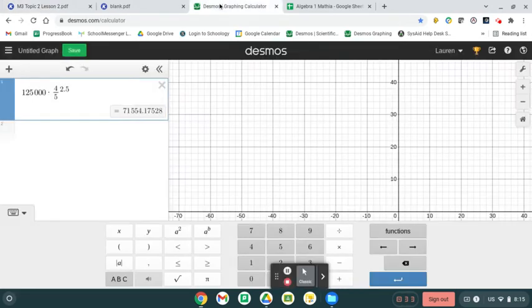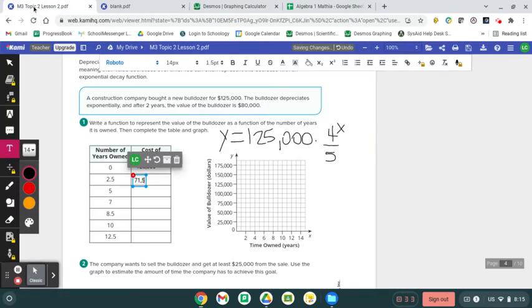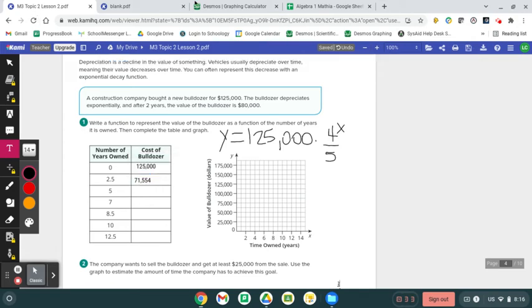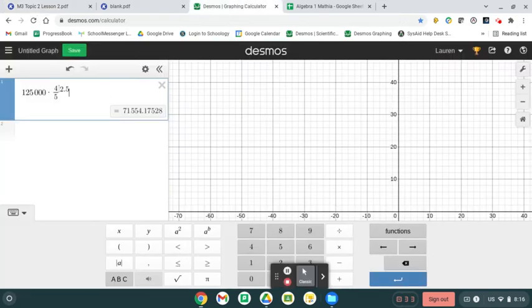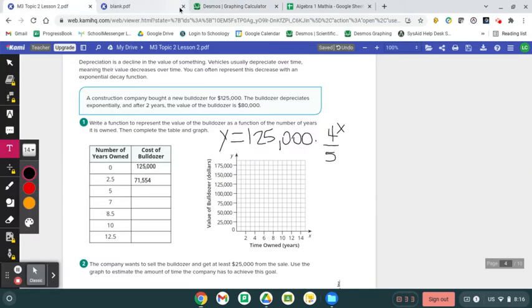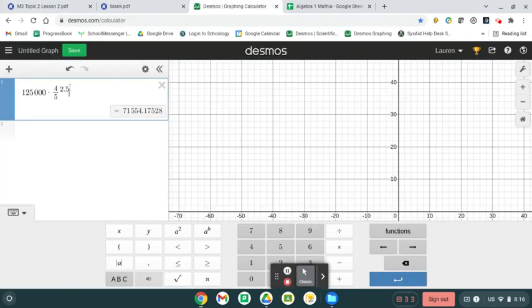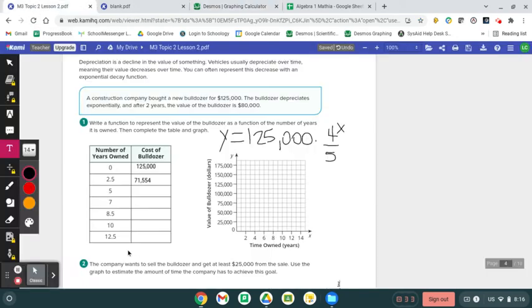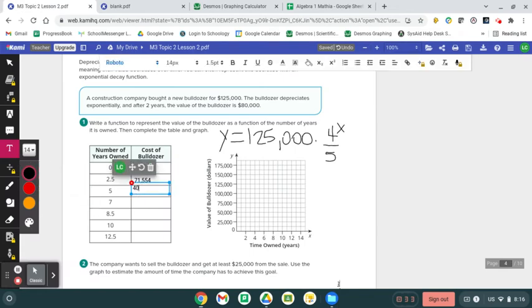We can put 5 in here. 40,960. Obviously, so you just know that you can plug that in for x.